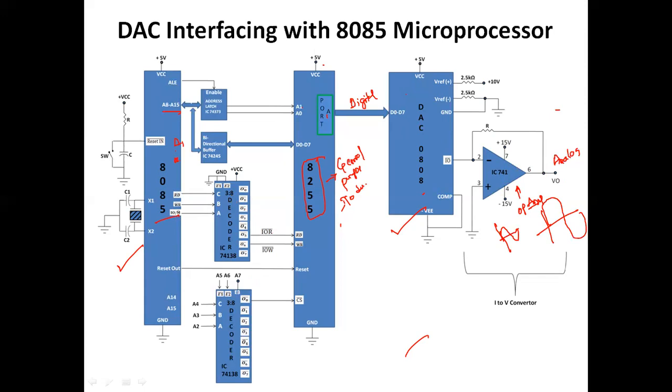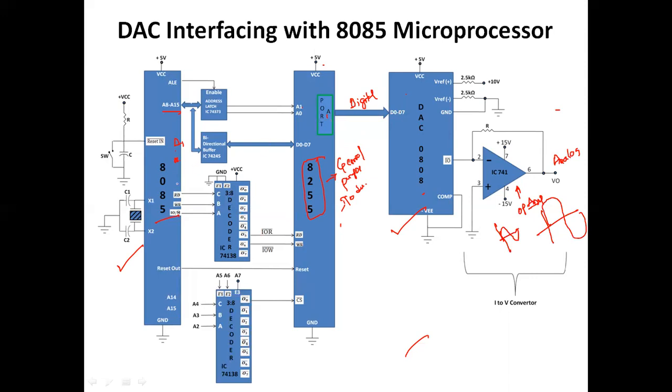And here we have the reset pin. So the reset out and reset are connected. Why? Because when the 8085 hands over the data, the 8255 resets and hands the data to the DAC 0808. Fine.